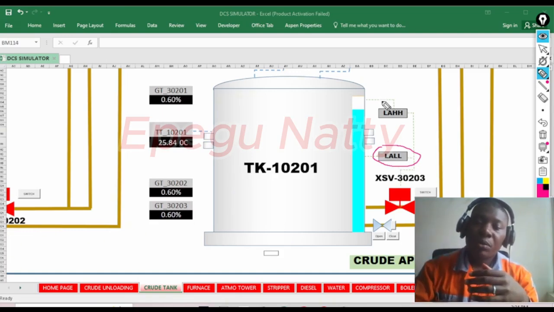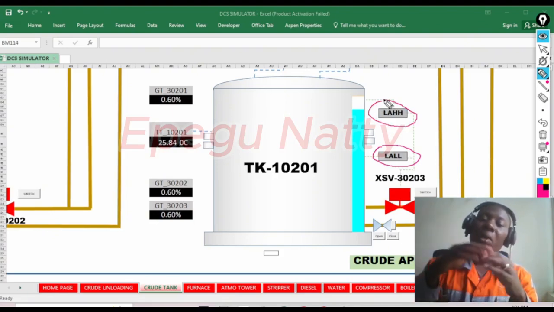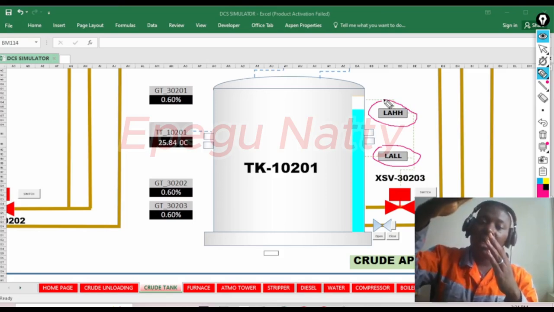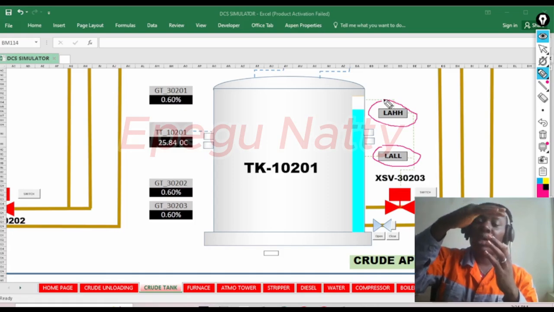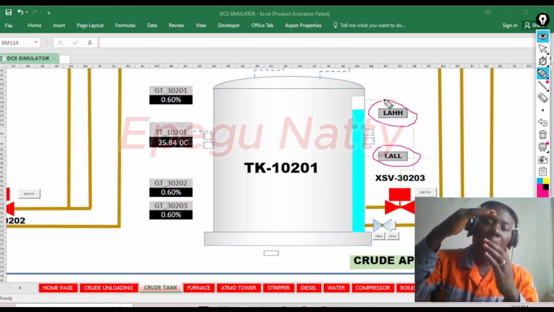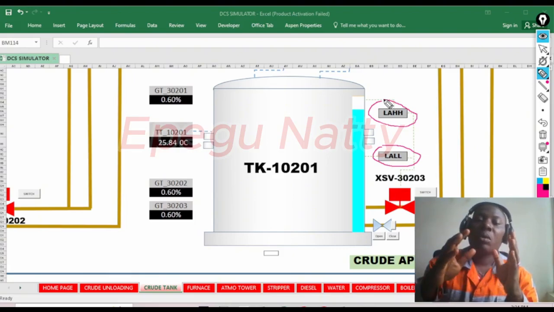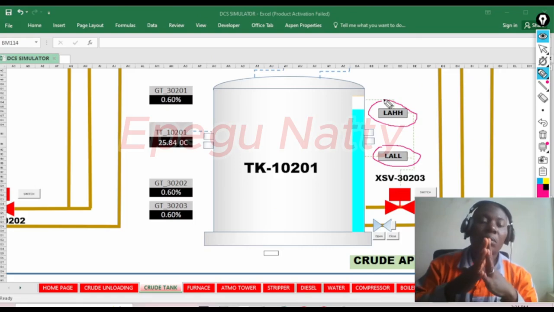Now also we have the level alarm high. Level alarm high is the level after the high level. After the high level, if you are still filling the tank, it will get to a point where we will reach the level alarm high. Now that is a critical level.